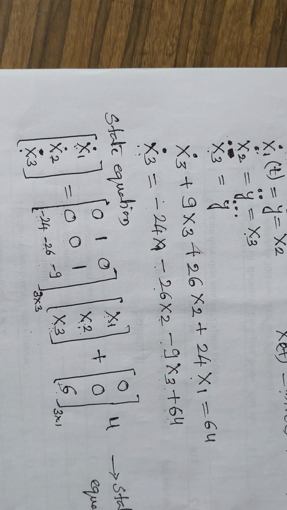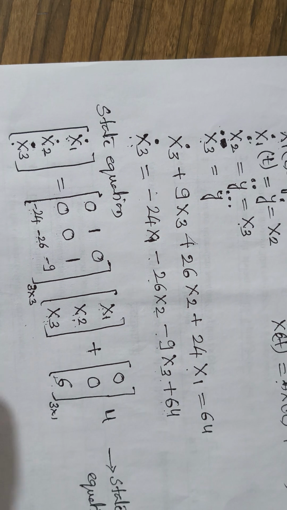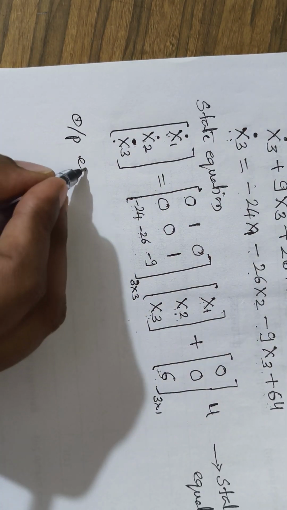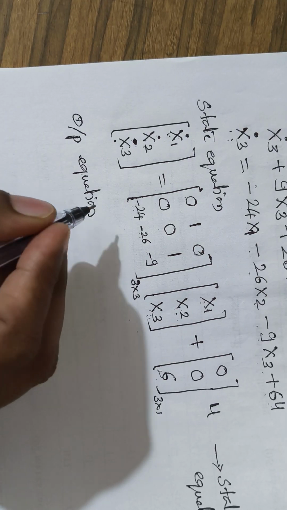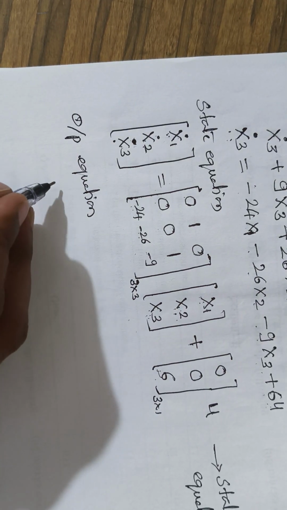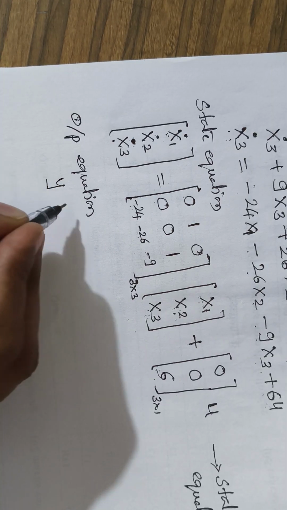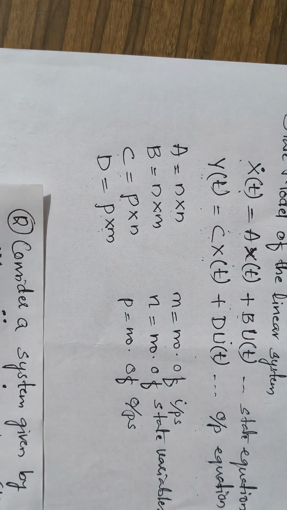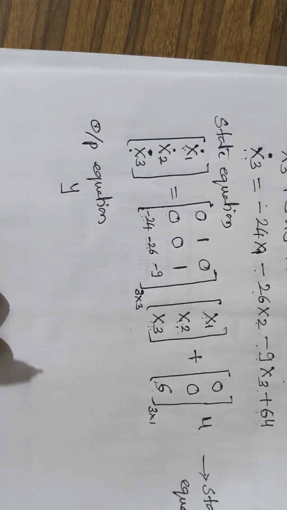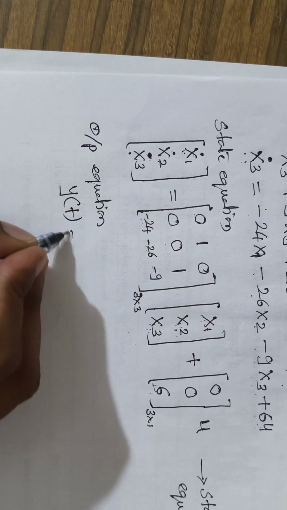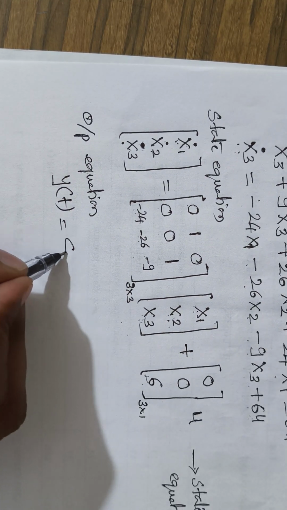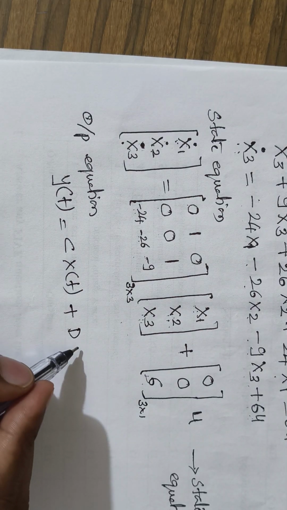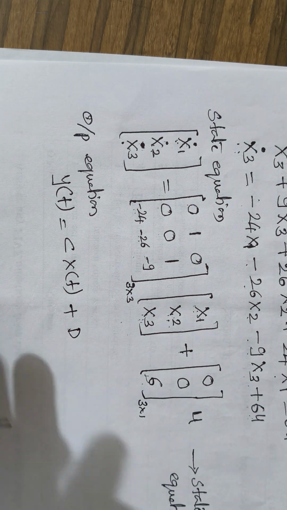Now next we have to write the output equation. What will be the output equation? It is given as y of t is equal to C into x of t plus D into u of t.